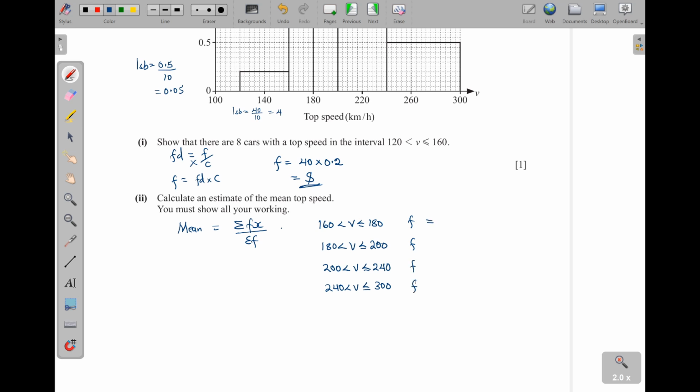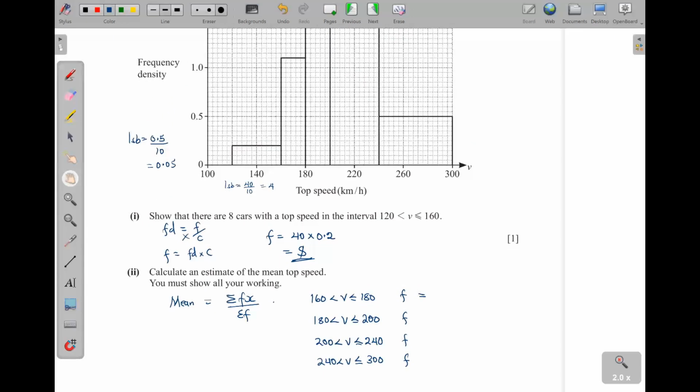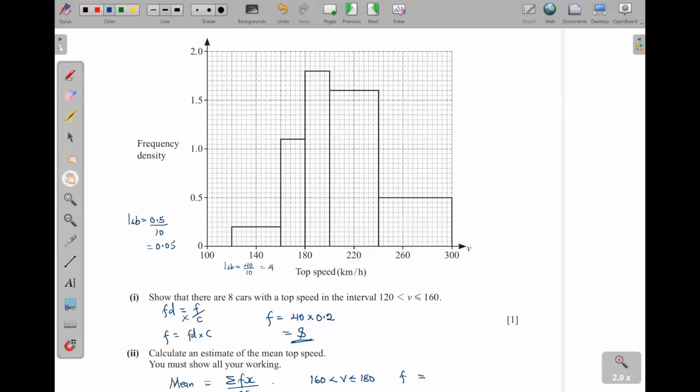So the frequency density for this one here, 120 to 160, we can see that it is 1.1 here, and then the class width here is 20, 180 minus 160. So let us actually identify these values.